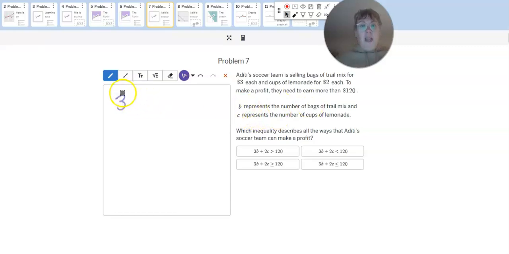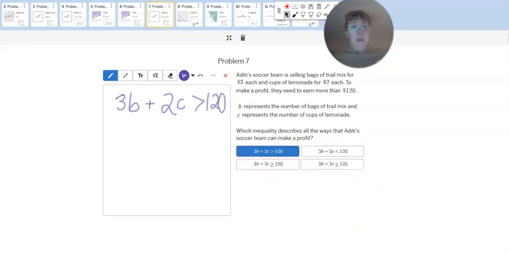And we're going to times that by B, which is our number of bags of trail mix, plus $2 for each cup of lemonade, 2C. So that's going to get us the total amount of money that they're making. And they want to make more than 120. So it's going to be greater than 120. There we go. 3B plus 2C greater than 120.